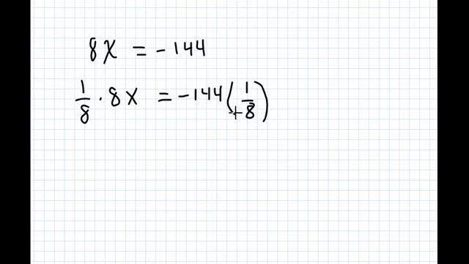And of course, it doesn't matter whether I put the 1/8 on the left side or on the right hand side. So an eighth times 8 is 1, and so we're left with x is equal to a negative number times a positive number, and this ends up becoming a negative number, and that is negative 18.